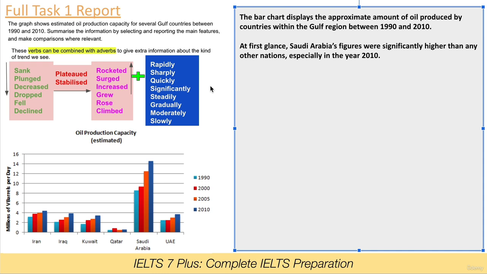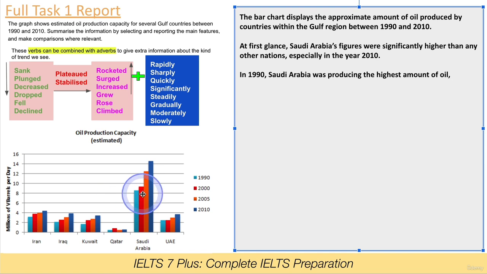Alrighty, so our first group is 1990 and 2000. Okay, so we've already mentioned Saudi Arabia in the overview, so we can pick maybe a few points for 1990 and a few points for 2000. Okay, so in 1990, Saudi Arabia was producing the highest amount of oil.